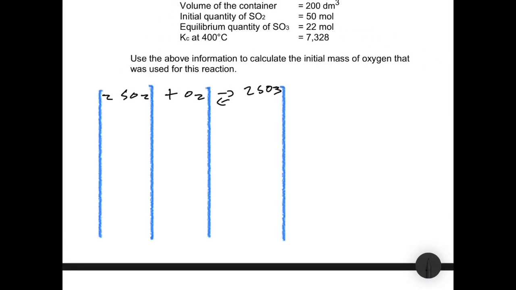So we have 2SO2 reacting with O2, and then this is giving us 2SO3. We know that the reaction is reversible, so let's have that there. So here we need the initial number of moles, right? Here we need the change, and here we have the moles at equilibrium, right?